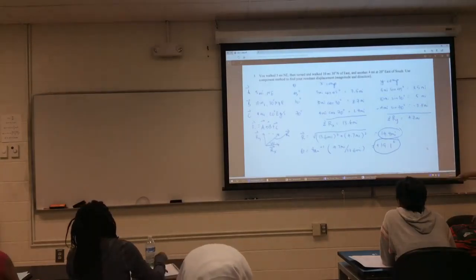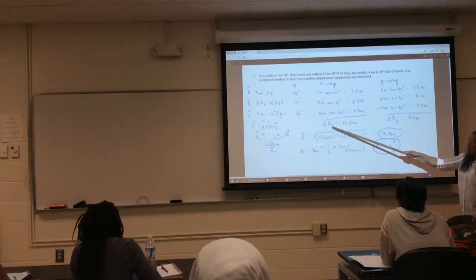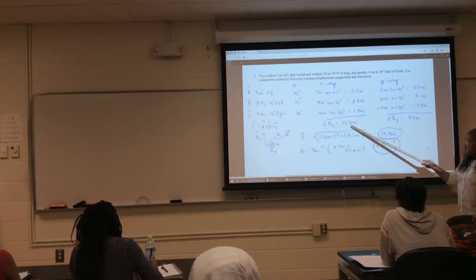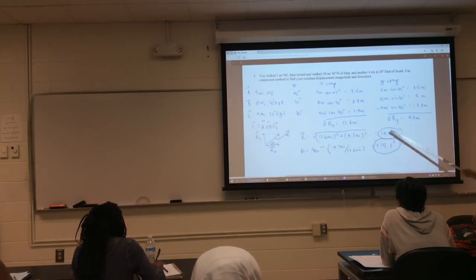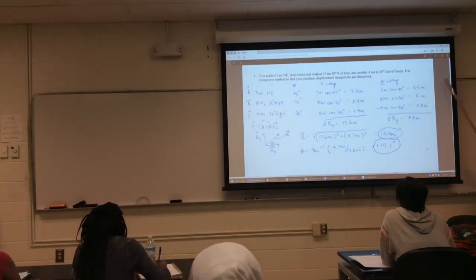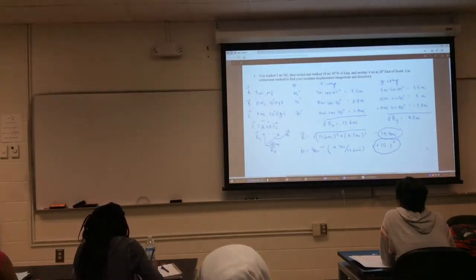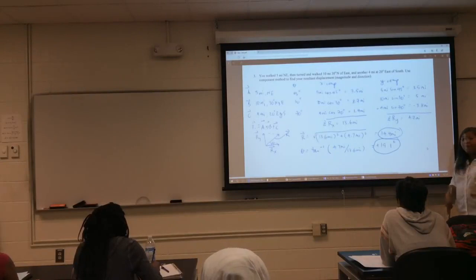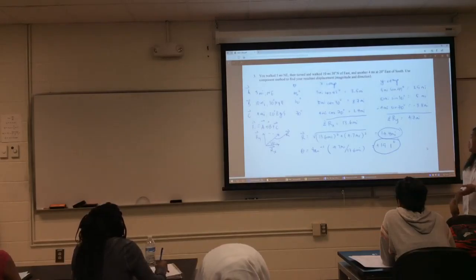Your next step is sum up your x components of your resultant. You end up with positive 13.6 miles. Do the same thing with all your y components. So this is simply component method. We resolve the vectors into their components. So we'll eventually end up with a total of all x components, a total of all y components.